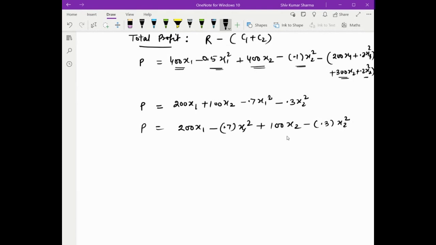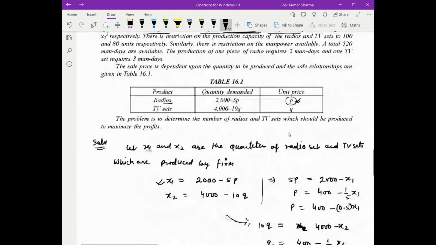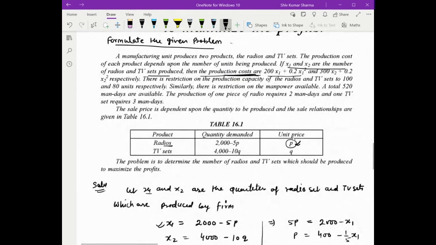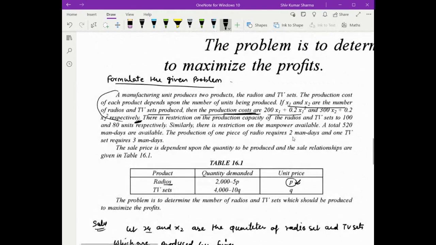Now for subject to constraints, we make the constraints. So our work is done till here. That means we have done this. Now there is a restriction on the production capacity of radio sets and TV sets.